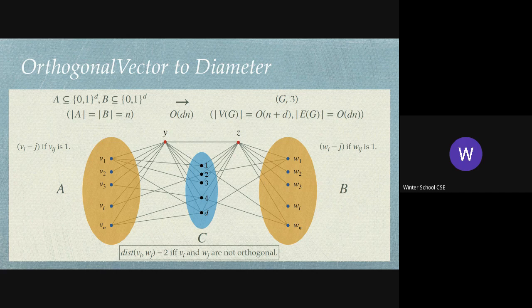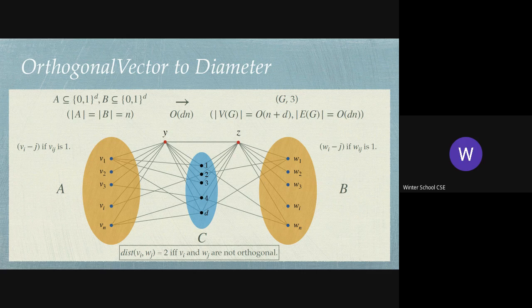Vertices from A and vertices from B. Now we saw earlier that if Vi and Wj are not orthogonal, then the distance will be 2, because there will be some coordinate k via which you can go from Vi to Wj. But what if they are orthogonal? 3.